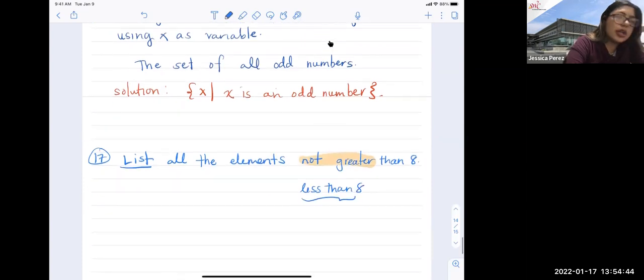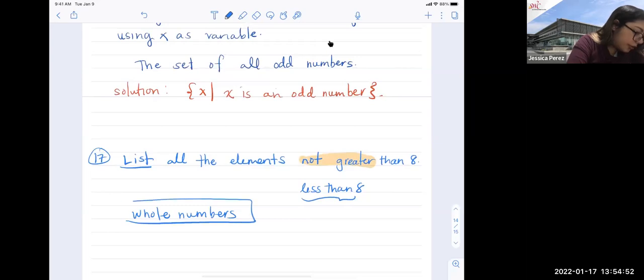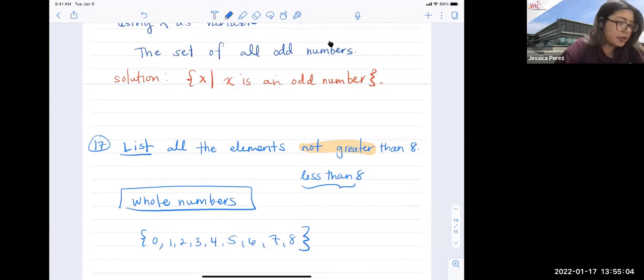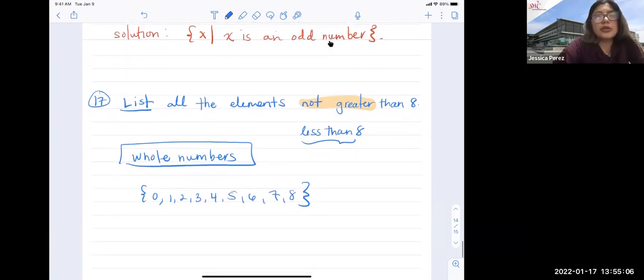So all of the numbers, and they want you to write the whole numbers. Whole numbers start with 0, 1, 2, 3, 4, 5, 6, 7, 8. Okay, not greater than 8. So this is what you want to write down. So this would be the whole numbers.